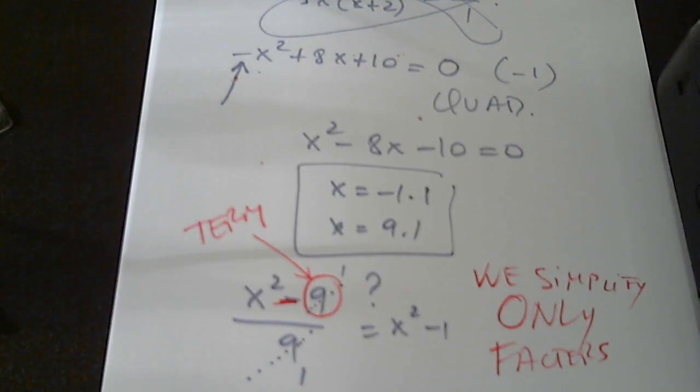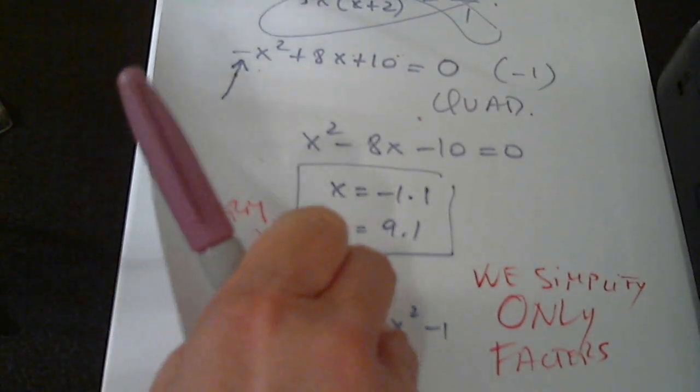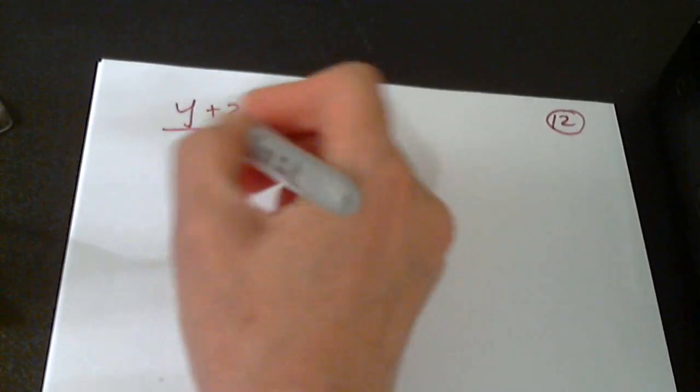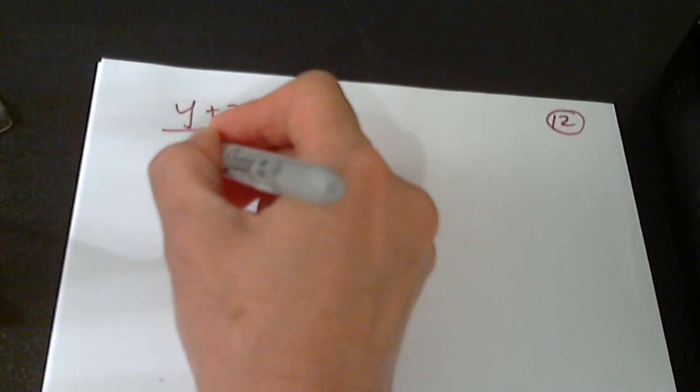Find the numbers for which the rational expression is undefined. Very good. Good example. I'm on page 12. So I have y plus 2 over y squared minus 4. Remember, the numerator can be 0. If the rational expression is defined for all real numbers, just state so.